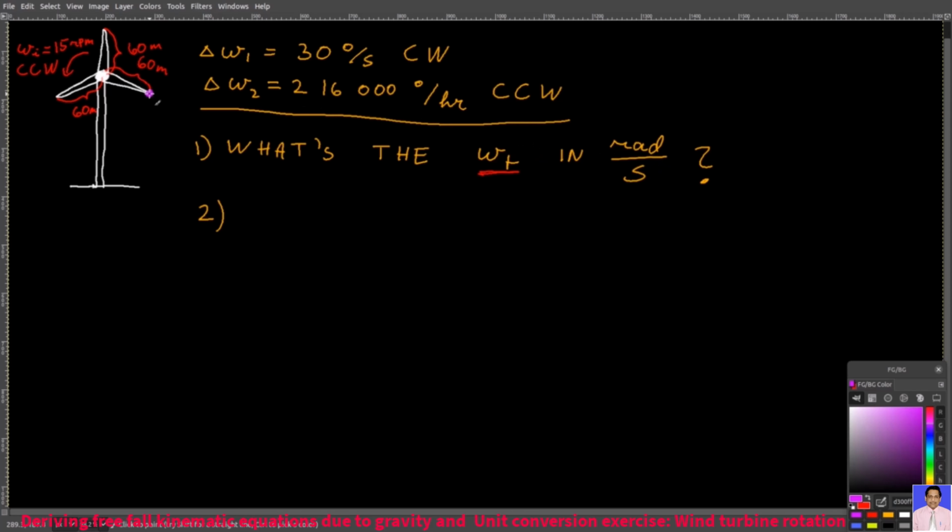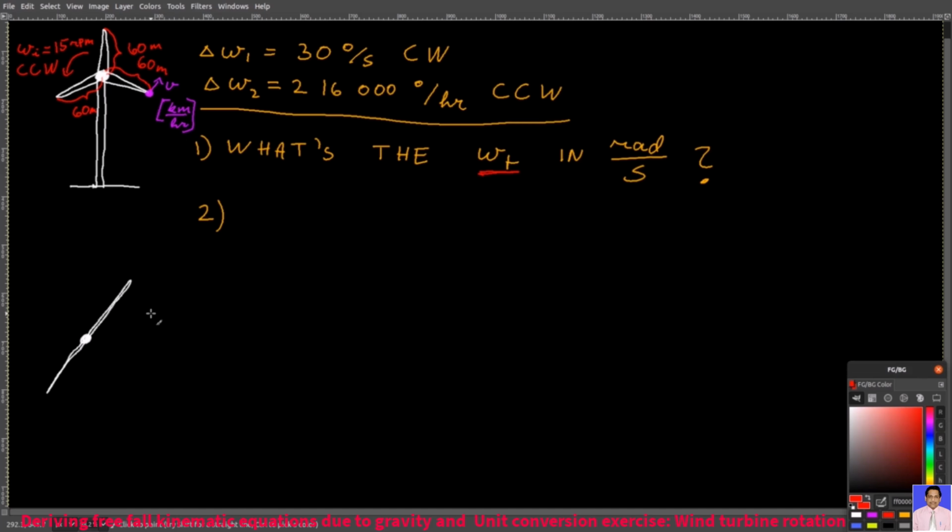So this tip here will either have a velocity in this direction or in this direction, depending on the omega f direction. And you have to calculate this tip velocity and express it in kilometers per hour.